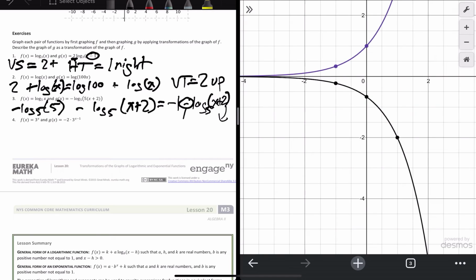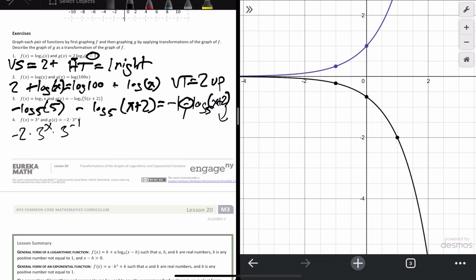All right, so number 4, we're in exponent factor. So let's just break it apart. -2 times 3x, and let's just do times 3 to the -1. Just break apart that exponent there. And let's see what we can do here.